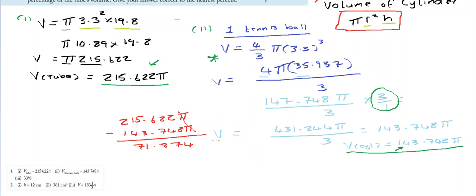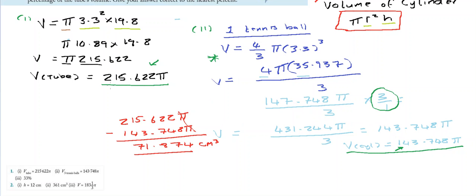And that's going to be volume, so that's centimeters cubed. So this is the amount of space that is not occupied. That's empty space that's not occupied by the 3 tennis balls.